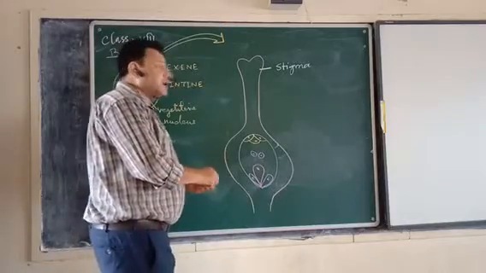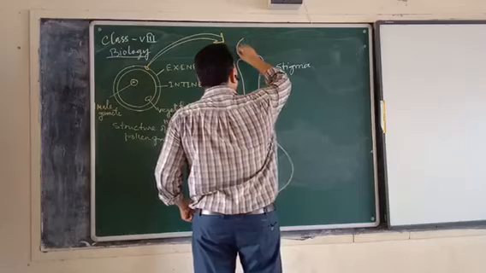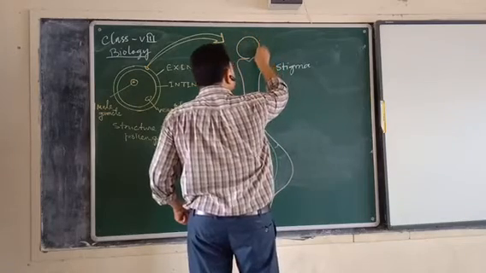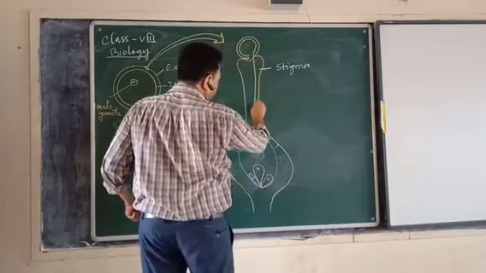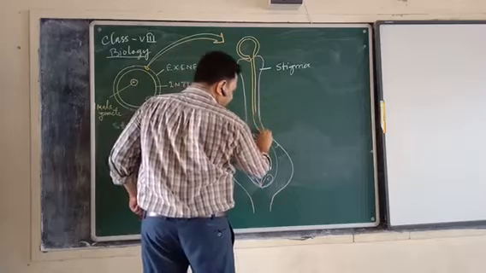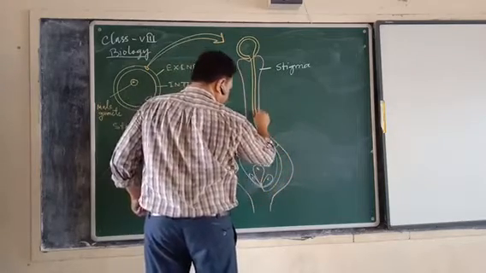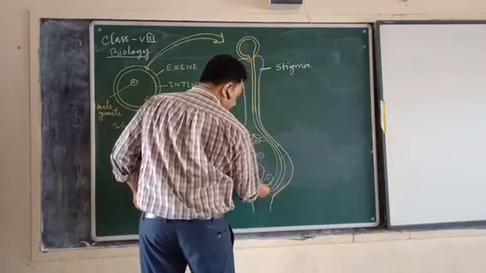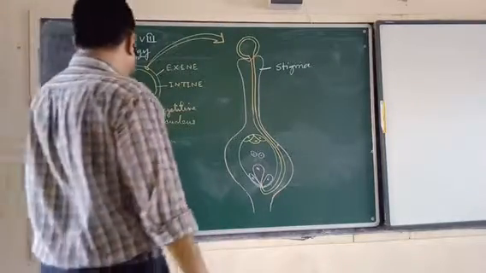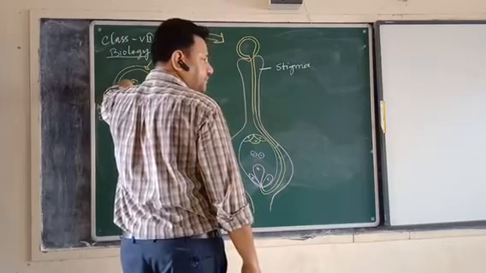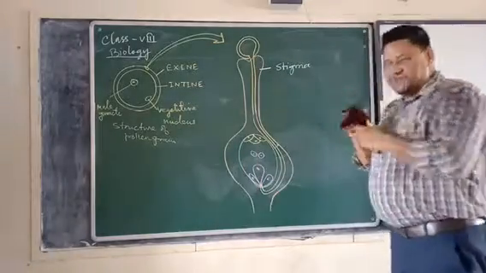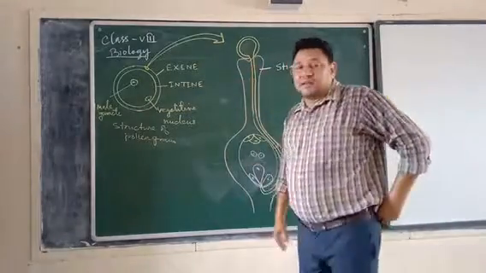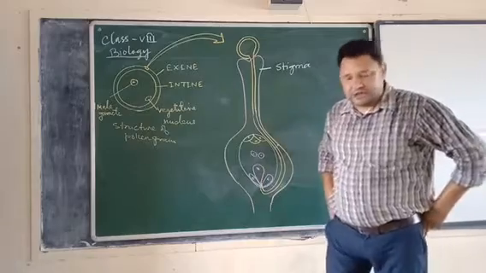When this pollen grain comes to the stigma, there are certain chemoreceptors present on the surface of the stigma.